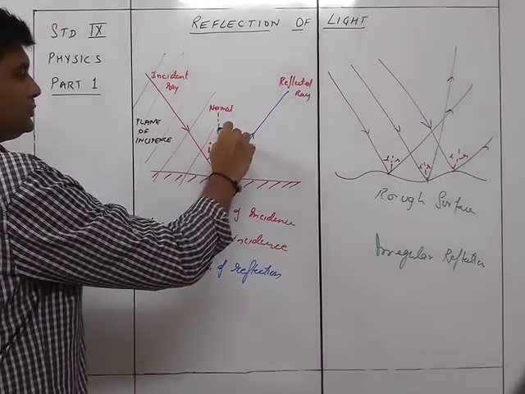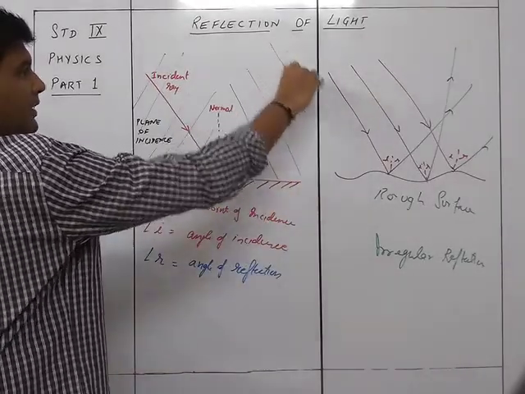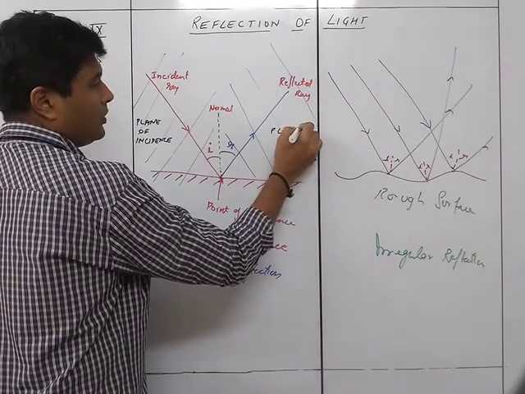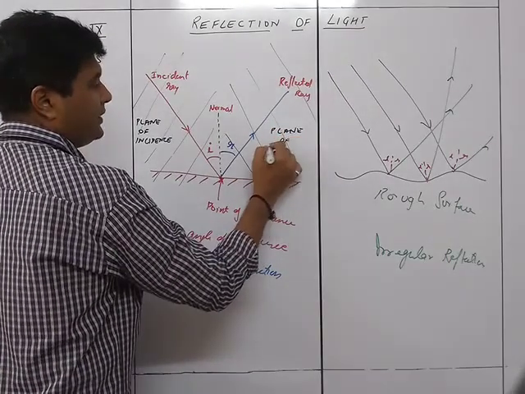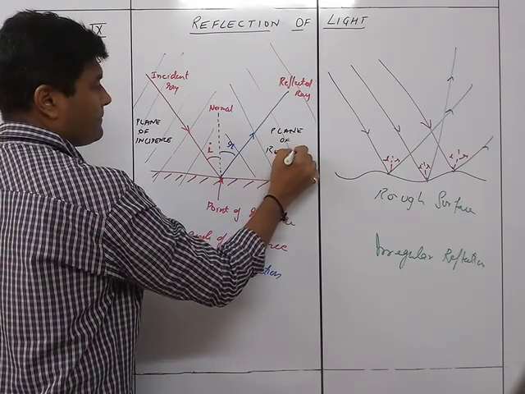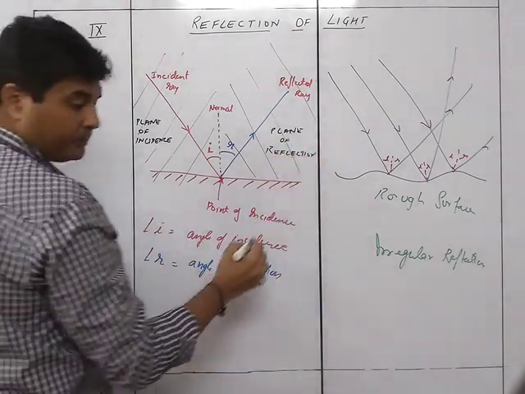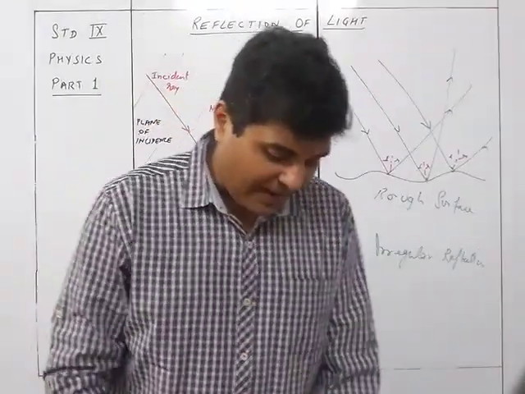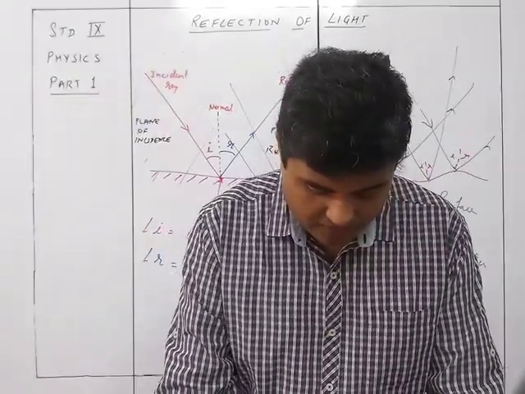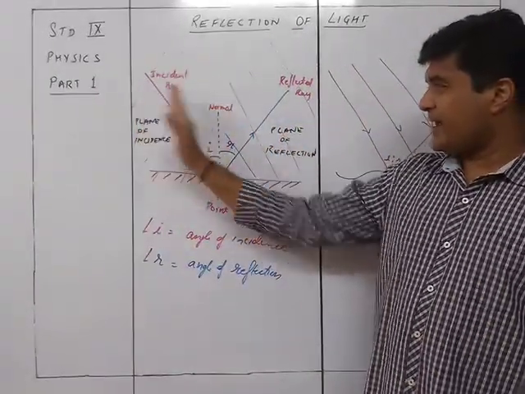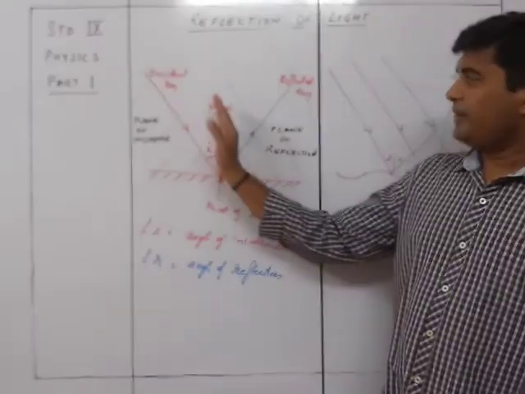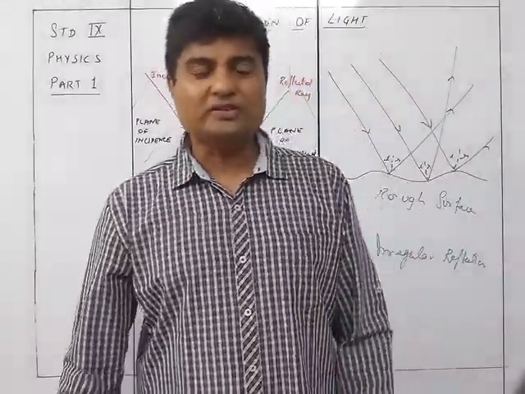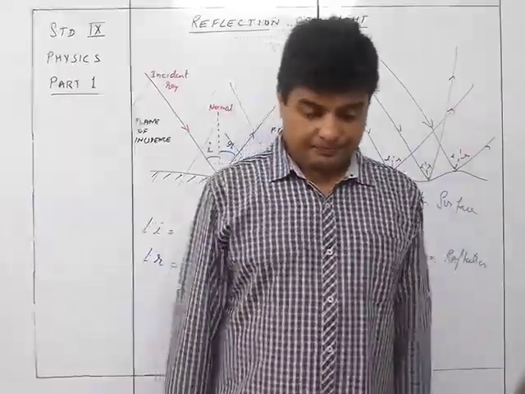Whereas this part over here, the part on this side of the normal with the reflected ray, is the plane of reflection. So the plane containing the incident ray and the normal is called the plane of incidence. The plane containing the reflected ray and the normal is called the plane of reflection. So these are the two planes, the incident plane and the reflected plane.